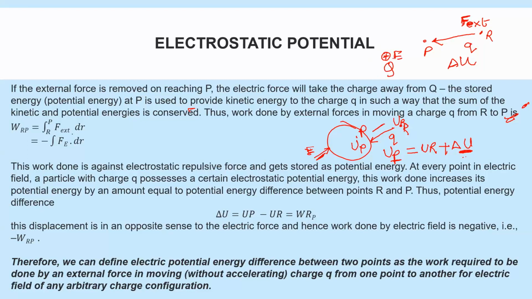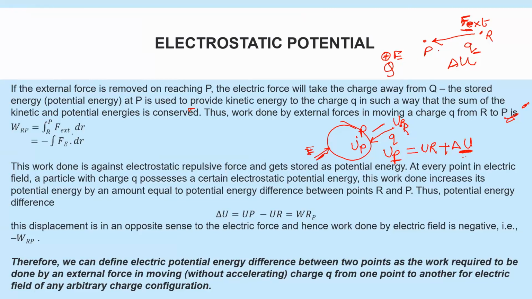Now this can be any charge. Over here we are considering a point charge, it could be a system of charges, it could be a dipole. We will see how the potential varies with respect to the charge configuration. So this is how we are going to define the electric potential energy difference: the work required to be done by the external force in moving the charge Q from R to P in the presence of an electric field due to an arbitrary charge configuration.